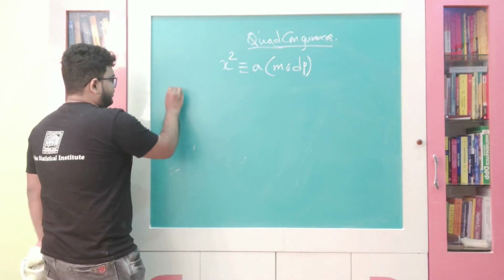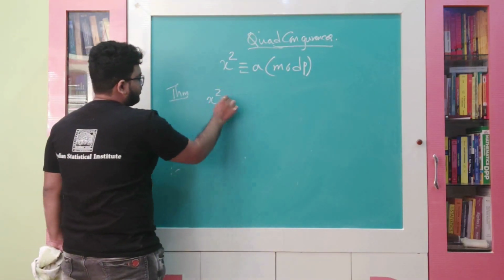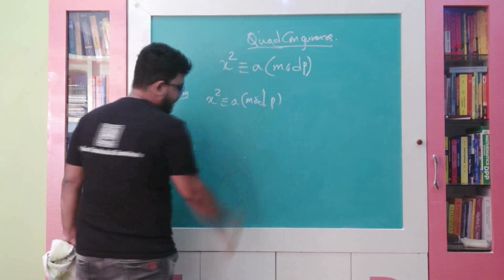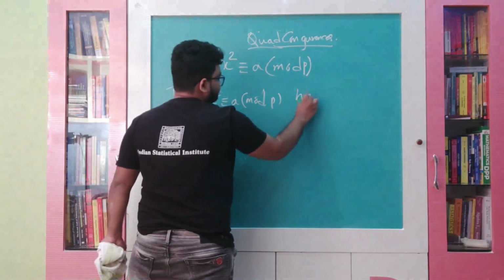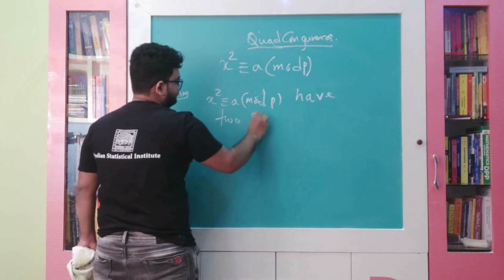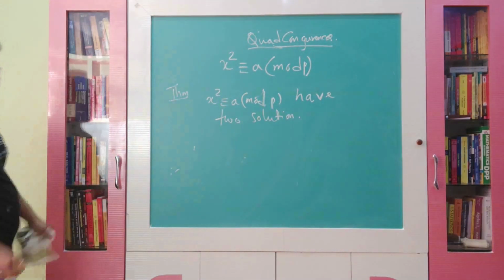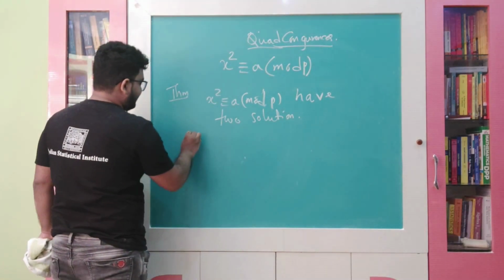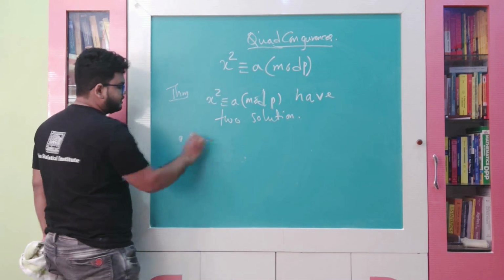Then a theorem: x squared congruent to a mod p has two solutions if a is a quadratic residue.